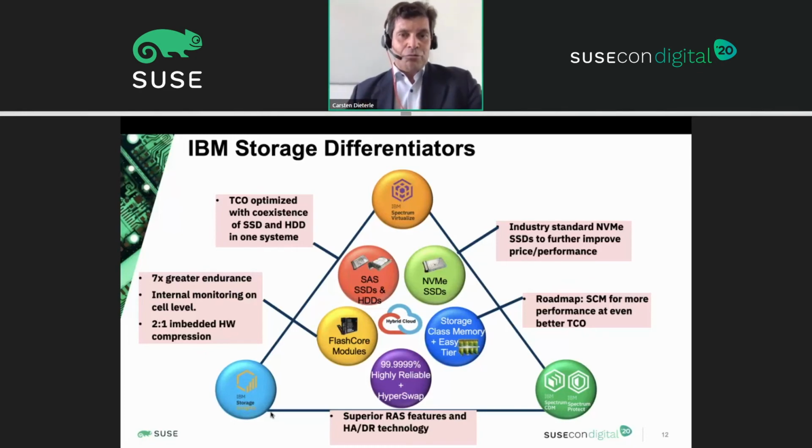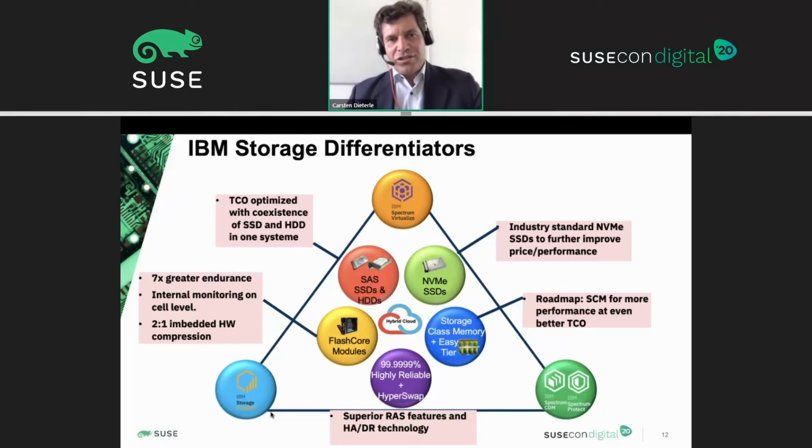Then we see a clear roadmap where we provide storage class memory and Easy Tier to leverage the performance again at a better TCO. That means we look at the data, and when the data is warm or cold, Easy Tier moves it down to other, cheaper devices.